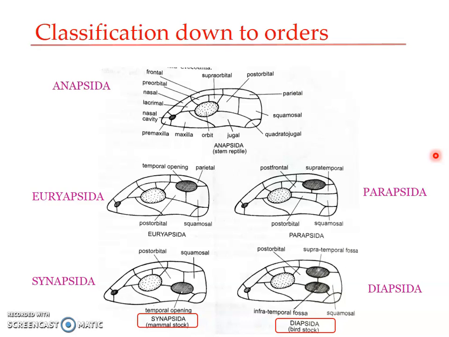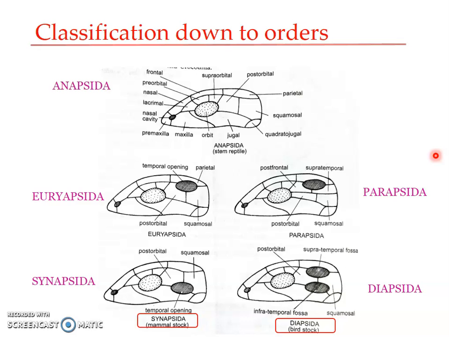Now, the examples include Ichthyosaurus, Plagiosaurus, etc. And in Euryapsida, the skull bears only a single pair of temporal fossa, one on either dorsolateral side, and they are bounded below by postorbital and squamosal bones, while above by the parietal bone.